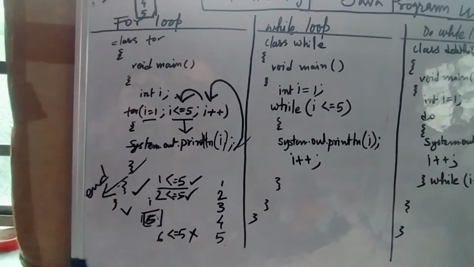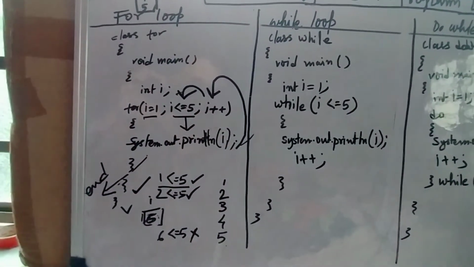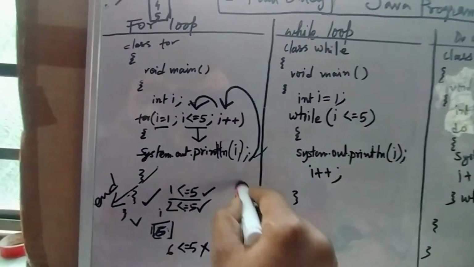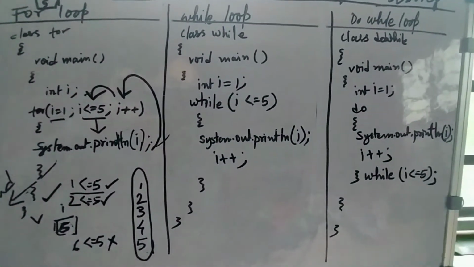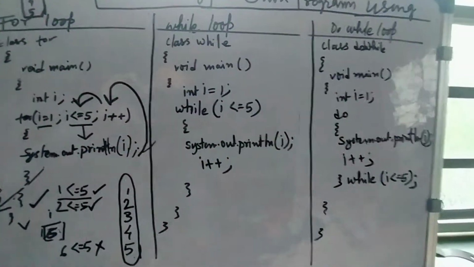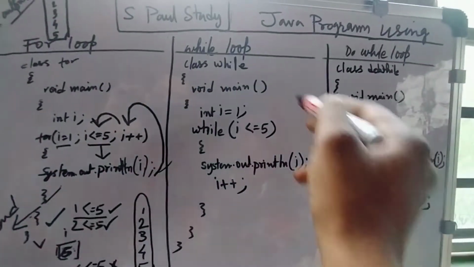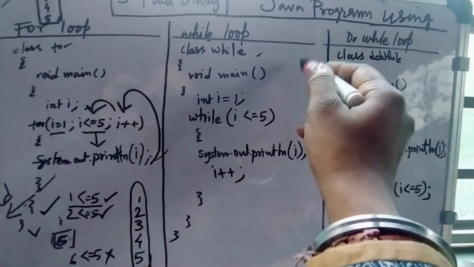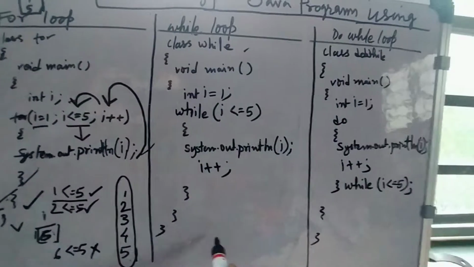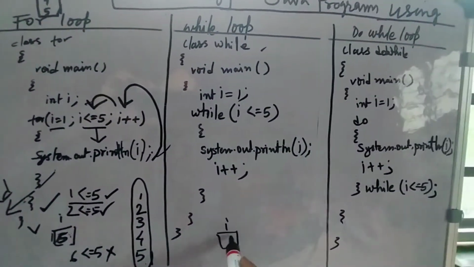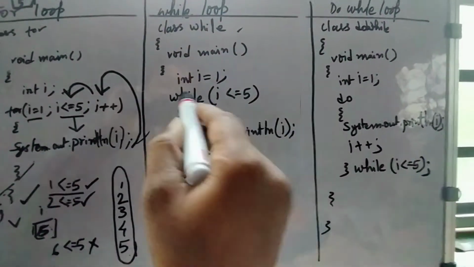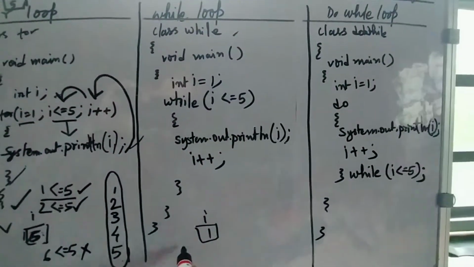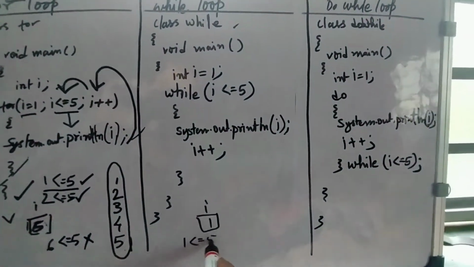This is the pattern of doing the program with a for loop. We can follow the same pattern to get the same output using a while loop. So if we use a while loop, what will happen? Class While, void main, int i equals 1, and now while i is less than or equal to 5, i is checked with 5, 1 is less than or equal to 5.